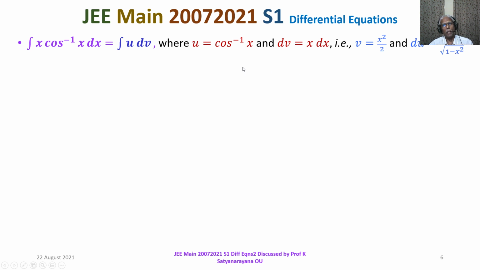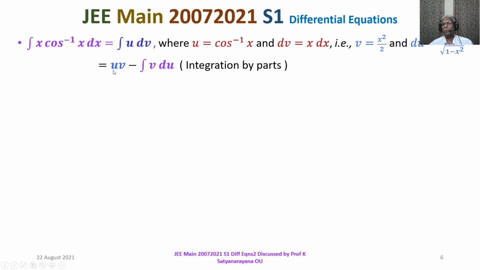So we are going to apply what is called integration by parts. Integral u dv is equal to uv minus integral v du. This is by integration by parts.